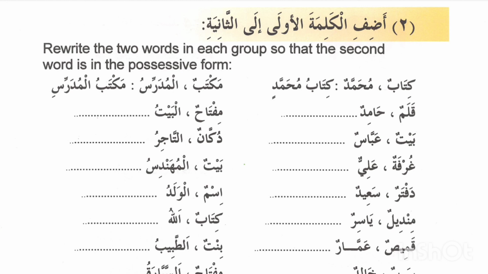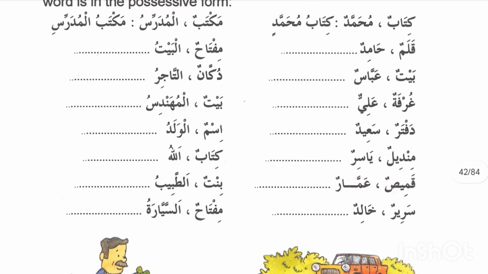Kitabullah the book of Allah. قميص عمار Ammar's shirt. بنت الطبيب the doctor's daughter. سرير خالد Khalid's bed. مفتاح السيارة the car key.